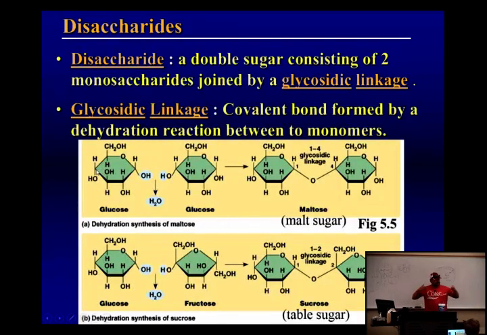So if I had 2 sticks and I stuck them in an orange, I could spin that orange if the sticks were straight. But if I stuck them in at an angle, could you spin the orange? No. So in a ring structure, this group right here can't rotate, and that's what makes them different. So we'll talk about that later on.